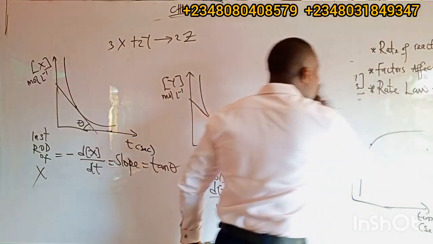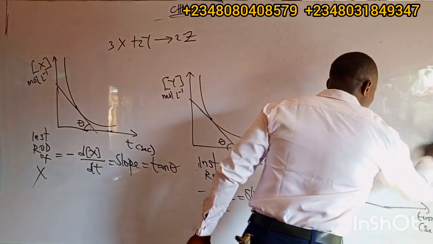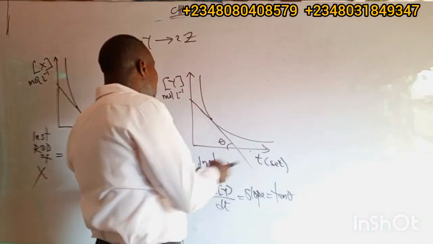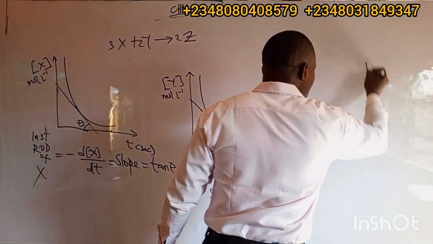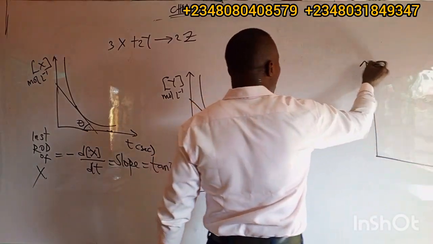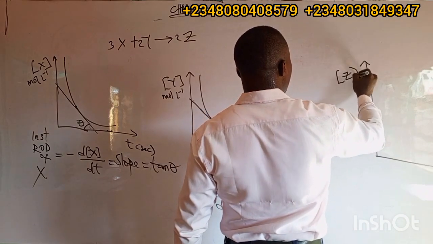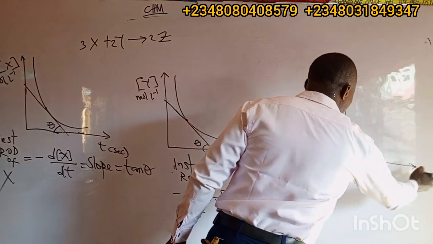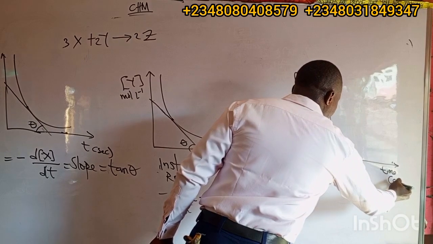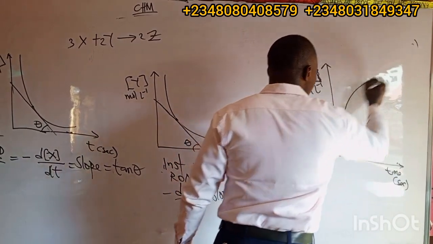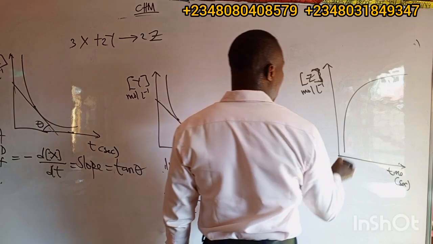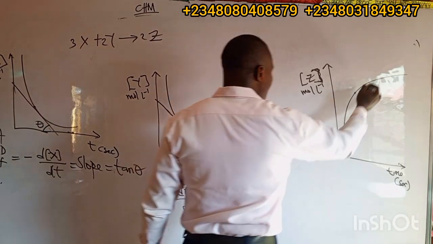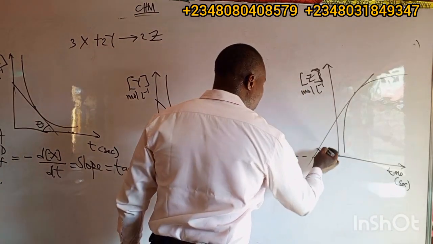Then for the product, because it's increasing in concentration, we have concentration of Z given in mole per liter, then time given in seconds. Then let us take the slope at an instant of time. Extend this. We have something like this, the slope tan theta.